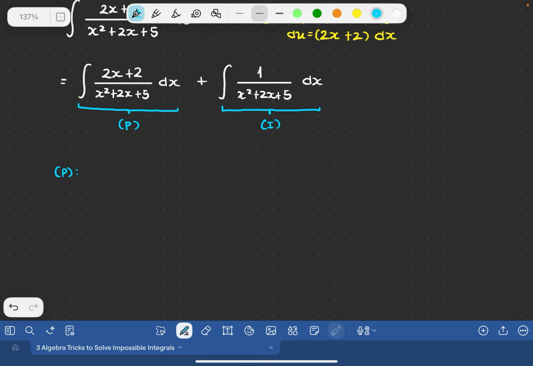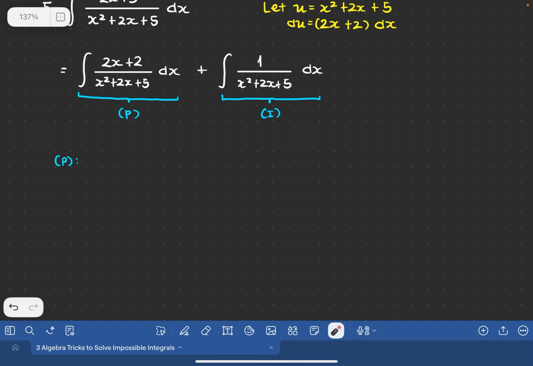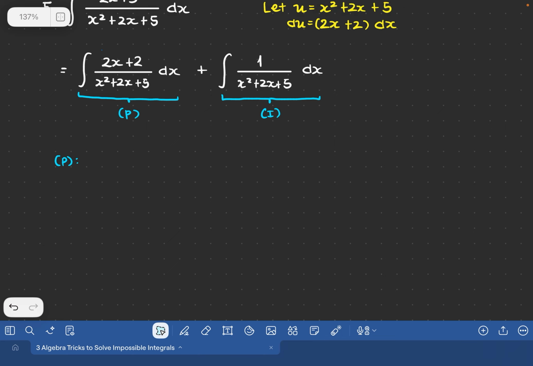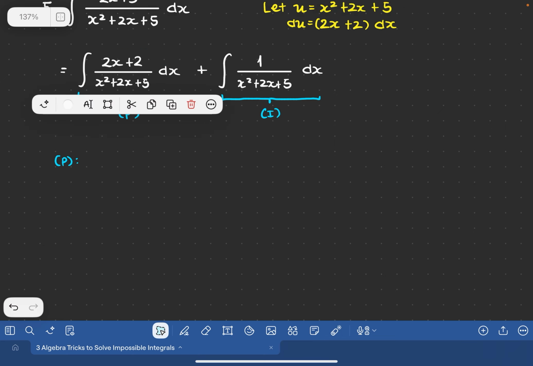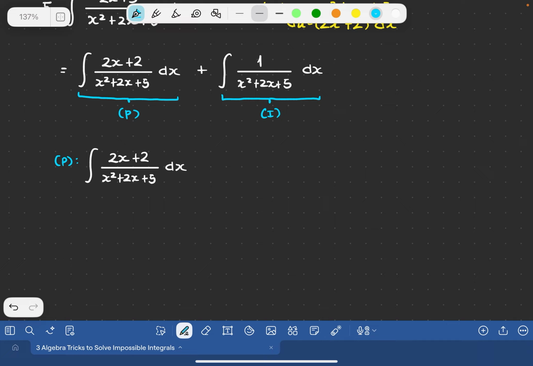So for P, note that we can apply the substitution that we have out here. Applying that substitution, this one out here just simplifies to the integral of 1 over u du.